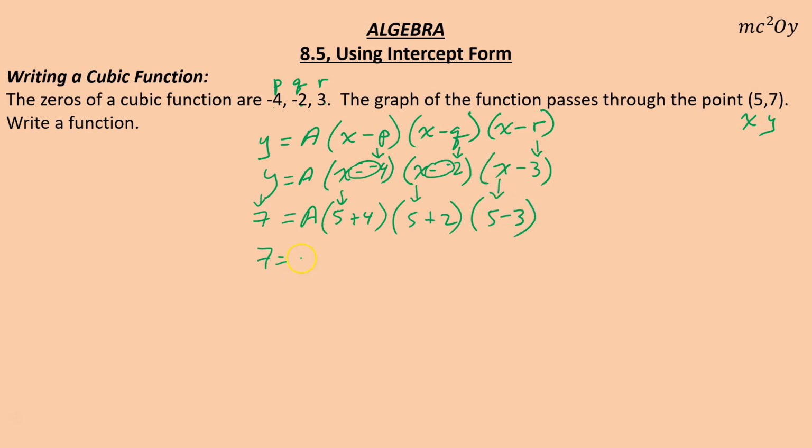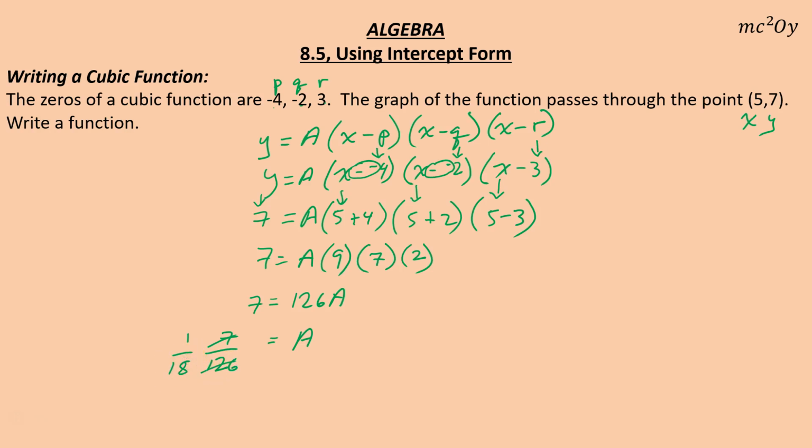So I get 7 equals a times 9 times 7 times 2. 5 minus 3 is 2, and 9 times 7 times 2 is 126. So a is equal to 7 over 126. That's ugly, which by the way reduces to 1/18.